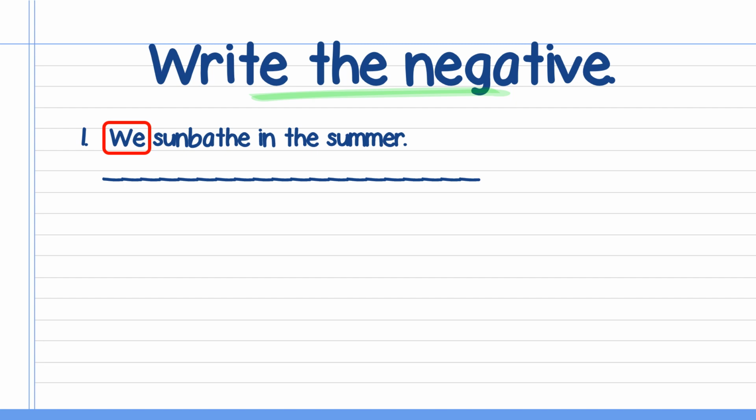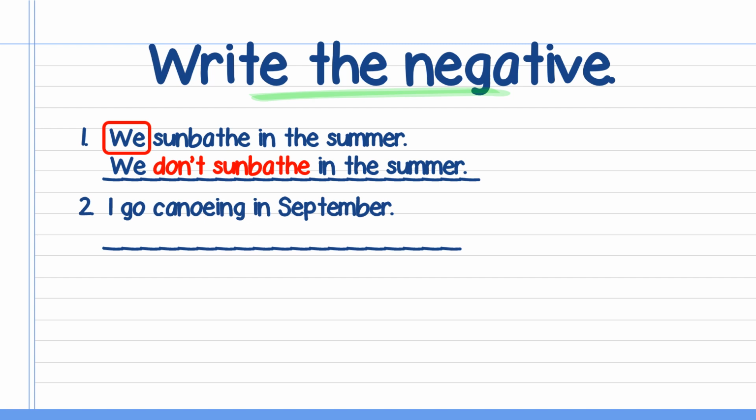We is the plural subject. So the answer is we don't sunbathe in the summer. Number 2. I go canoeing in September. The keyword here is I. So the answer is I don't go canoeing in September.